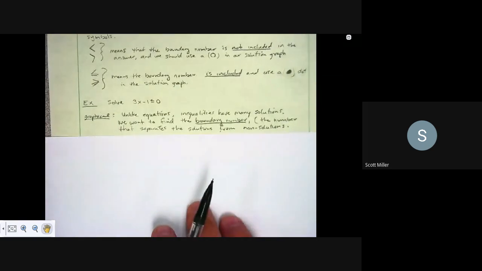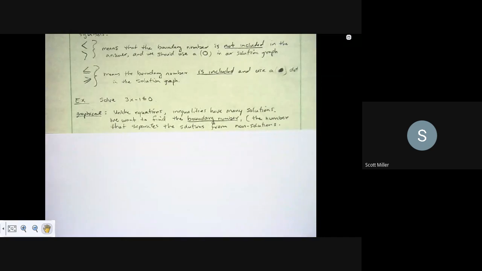So let's look at an example. We're going to solve this one graphically. Unlike equations, inequalities have many solutions. There is not just one solution, there's an infinite number of solutions.